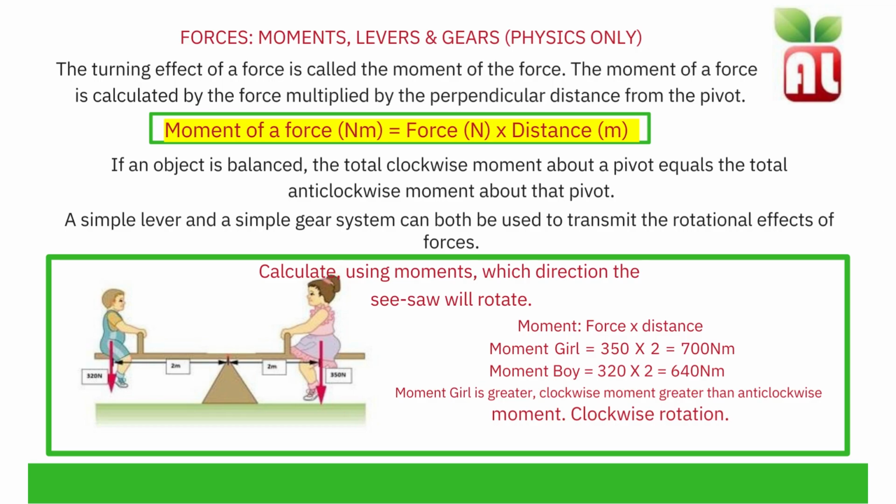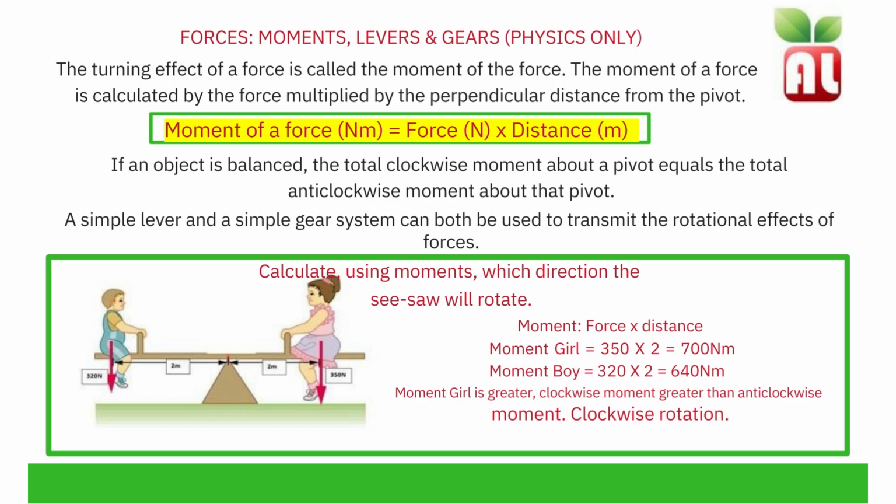This equation is not given on the physics equation sheet. The moment of a force, measured in newton metres, is calculated by force in newtons multiplied by the distance in metres.